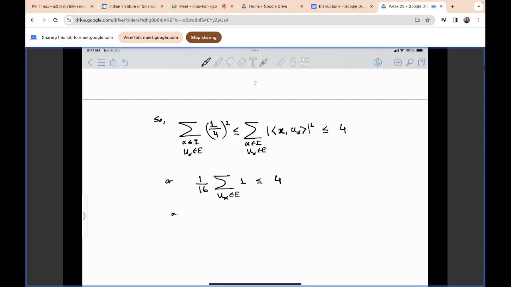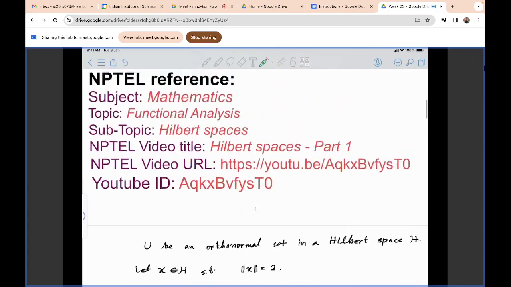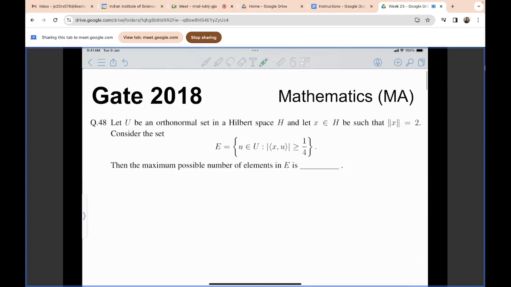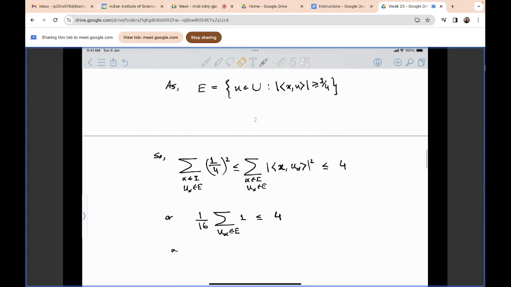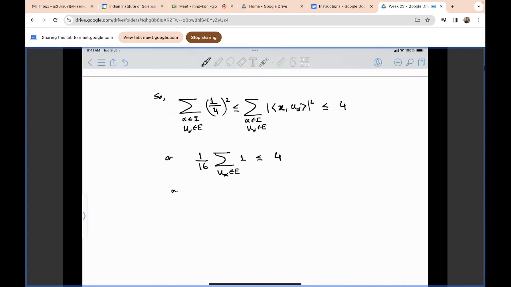So what is this set? It is all the elements u_alpha in E. So this will basically be the cardinality of E. So this will be less than 4 times 16, which is 64.